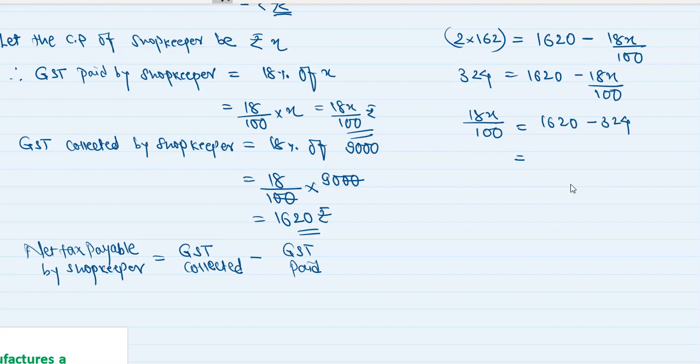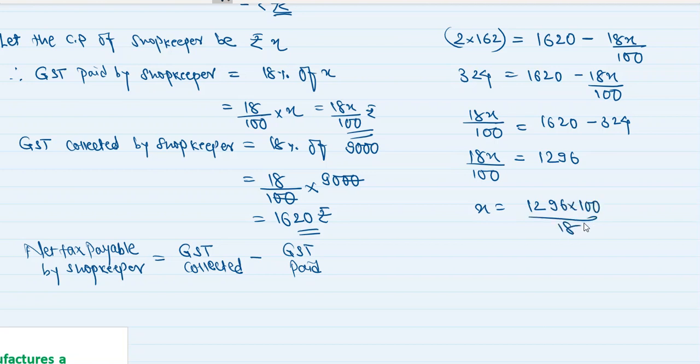Okay, so 1620 minus 320 is 1300, minus 4 is 1296. So 18x by 100 is equal to 1296. So x is equal to 1296 multiplied by 100 upon 18.